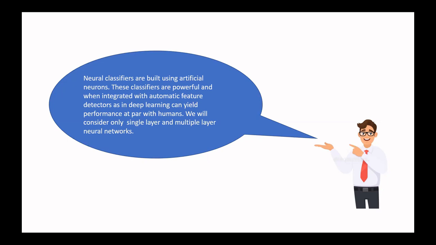And then you will feed those features to the neural classifier. So in some sense, with neural classifiers, as a designer, you do half the work. You do feature extraction just like we do in naive Bayesian or KNN. But with deep learning, you don't do any work, you throw everything at the system and the system figures it out. All right, so we will limit ourselves to simple neural classifiers.